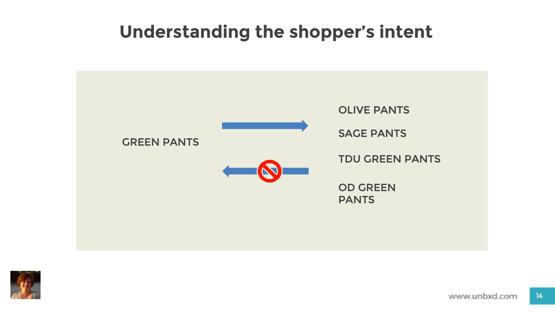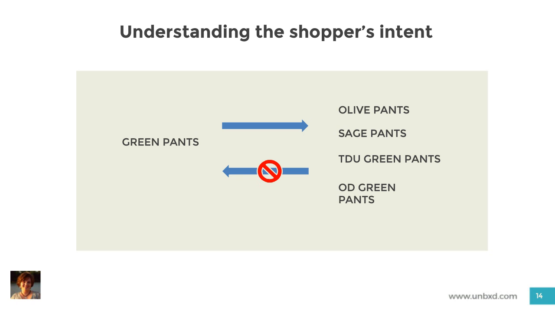So a customer is not going to come on the site and search for olive boots if they really need Sage boots. Those terms aren't interchangeable. But if they search for something more vague like green pants, we want to show them all of the possible green pants, because we don't know whether they want olive or sage. Green is a much broader term.